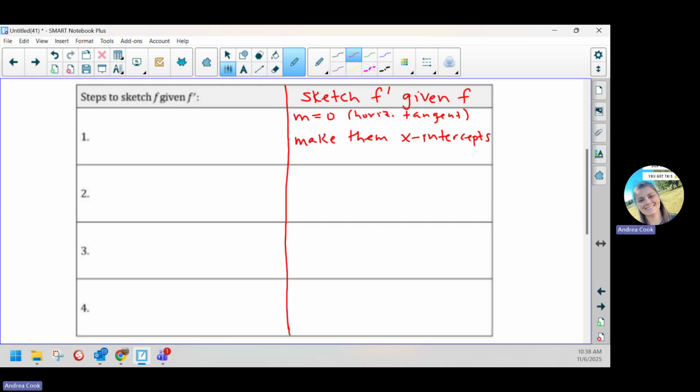Okay, the next thing we look for is where f is increasing and where f is decreasing. If f is increasing, f prime is positive, which is above the x-axis. And if f is decreasing, f prime is negative, which would be graphed below the x-axis.